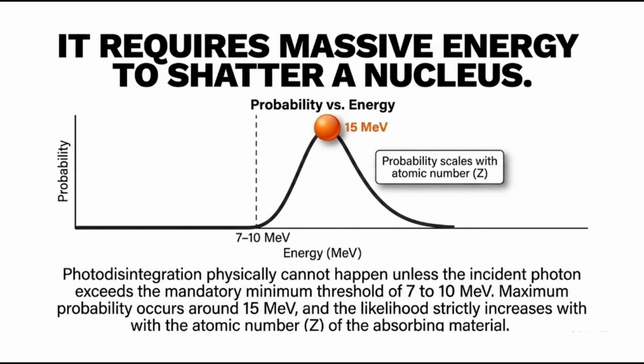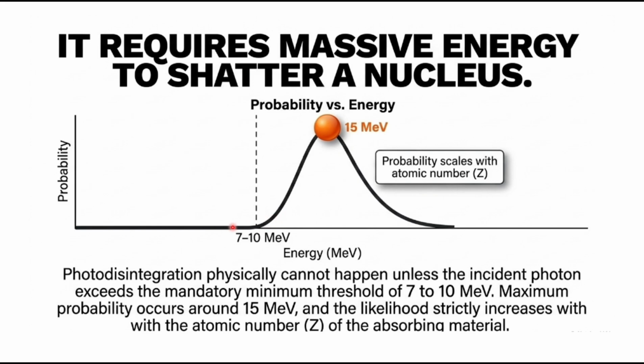Let us now look at a strict energy rule that controls the photodisintegration interaction. See, breaking apart an actual atomic nucleus is very difficult. It requires a massive amount of energy. Look at this graph. Because it takes so much energy to break the atomic core, this reaction operates under a very strict energy threshold.